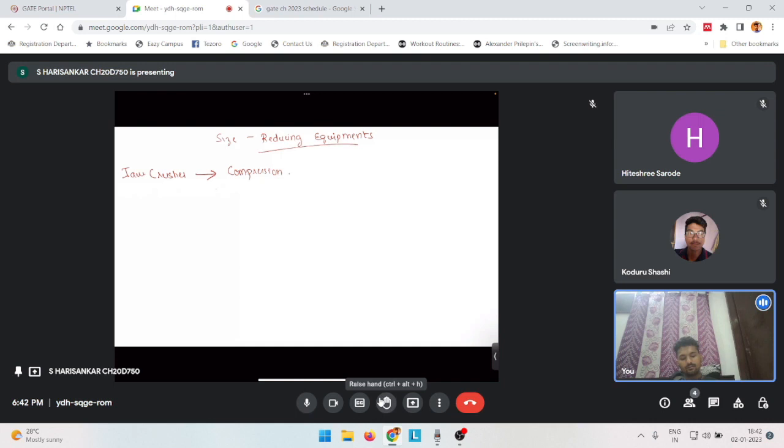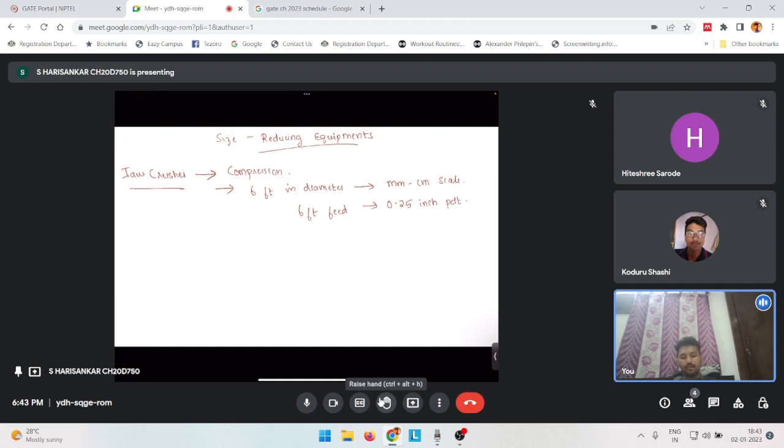Usually these jaw crushers can handle feeds up to 6 feet in diameter, and you can reduce it to the millimeter to centimeter scale. So a 6 feet feedstock you can convert into, let's say, a 0.25 inch product.